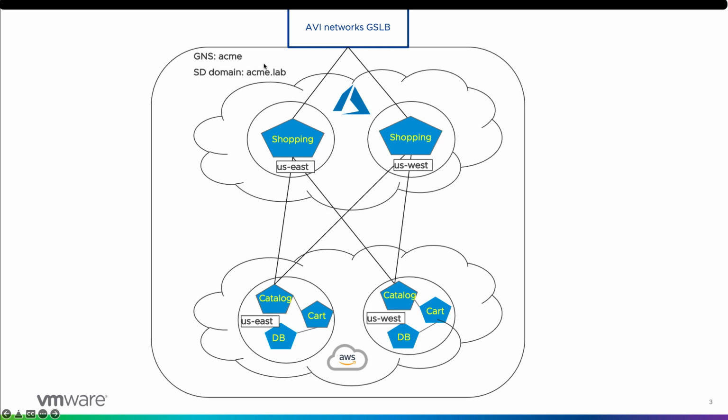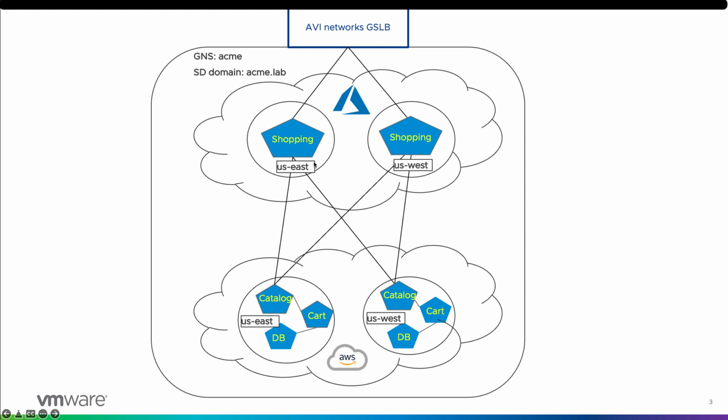It really doesn't matter because Tanzu Service Mesh, as I said before, will work on any supported Kubernetes cluster. Now what we're going to do is create connectivity between all these services by establishing a service discovery domain called acme.lab. I'm going to show exactly how that works. And the connectivity is going to be established. It's going to be all mTLS encrypted end-to-end across clouds.